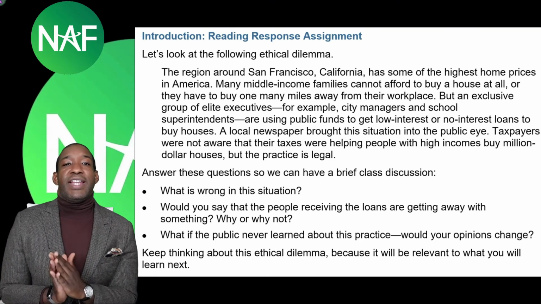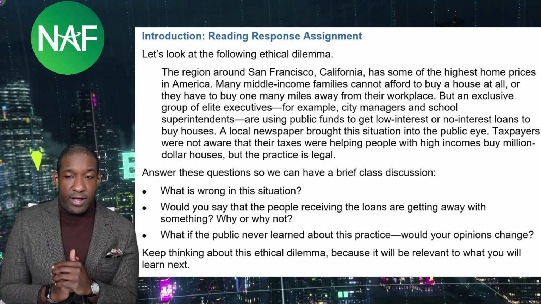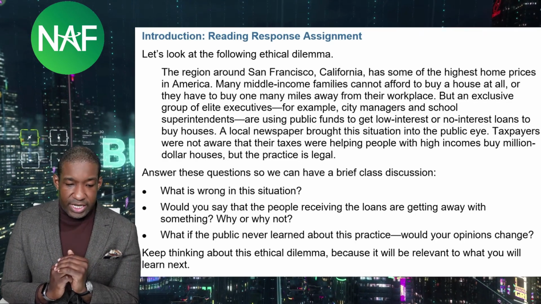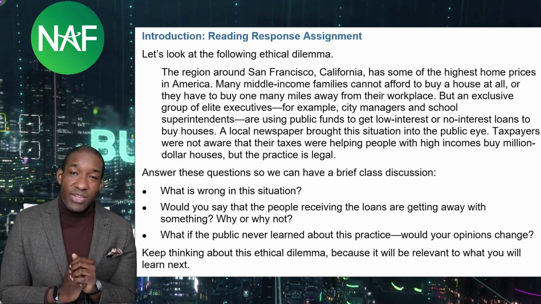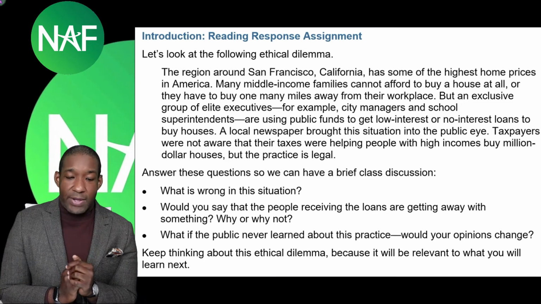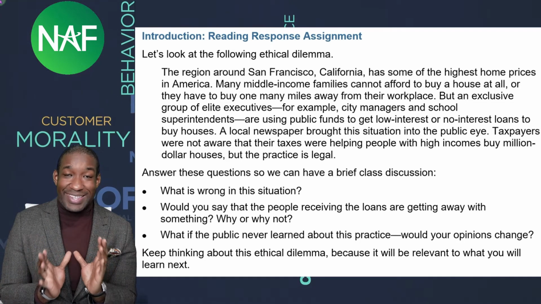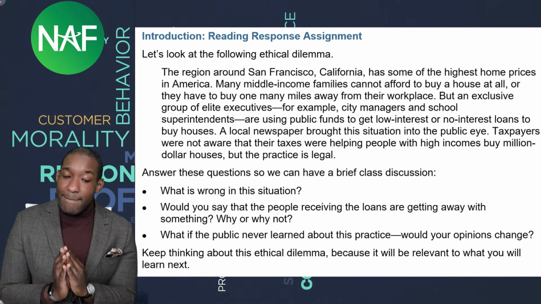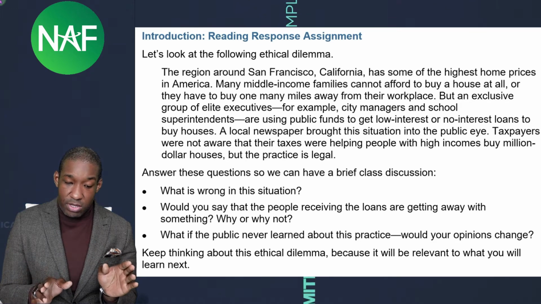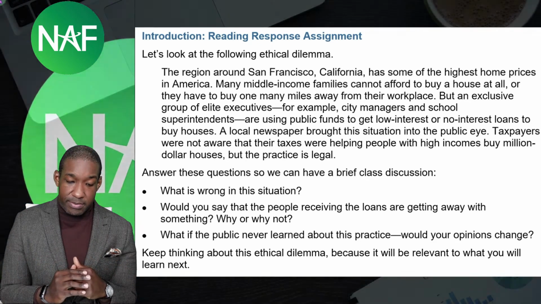Once you have finished writing in your responses for all of those four reading prompts, let us look into this following ethical dilemma. The region around San Francisco, California has some of the highest home prices in America. Many middle-income families cannot afford to buy a house at all, or they have to buy one many miles away from their workplace.